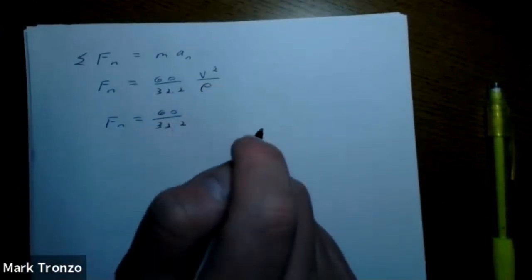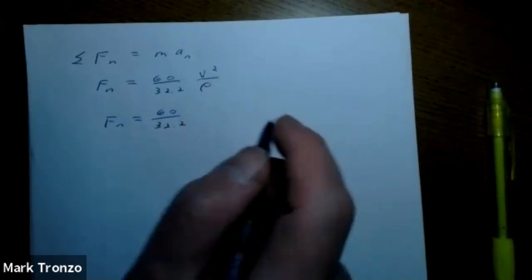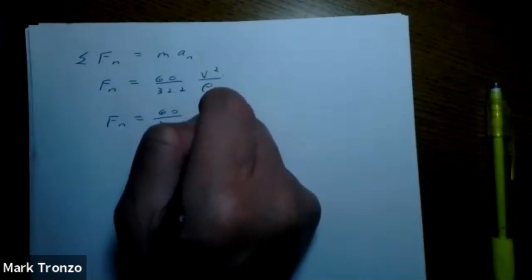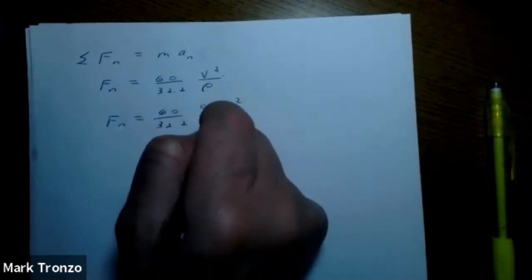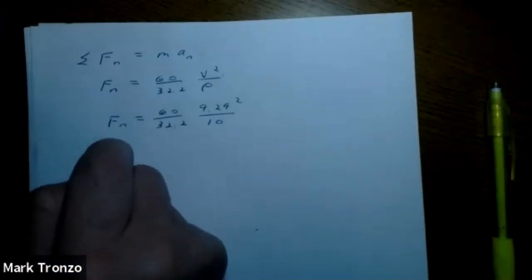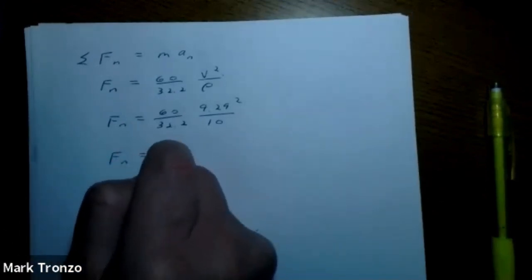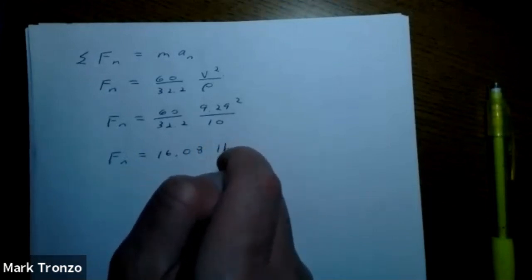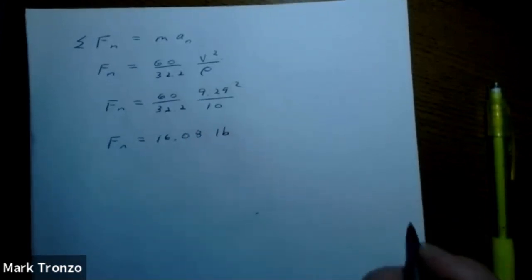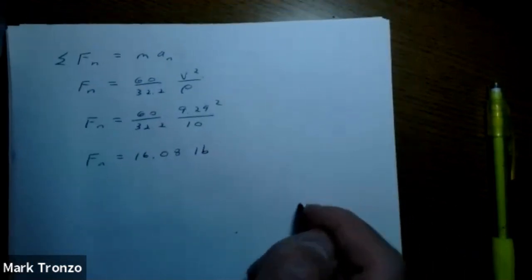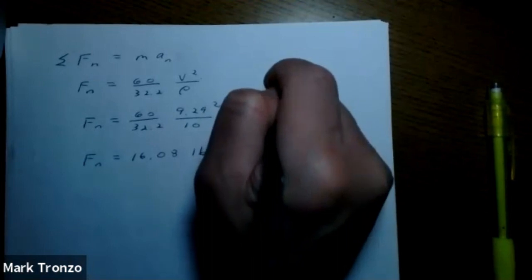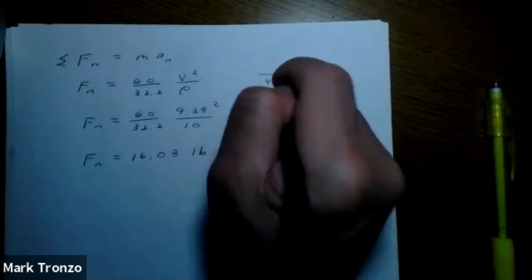Our velocity, now that we've found it, is 9.29, squared, and our radius is 10. So the normal force is 16.08 pounds, because it's asking for when he's at 90 degrees.